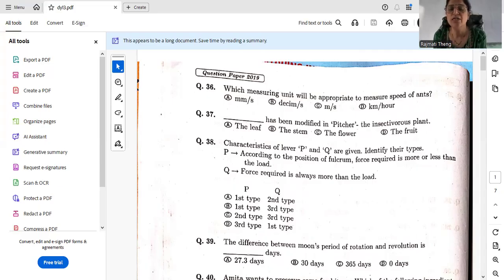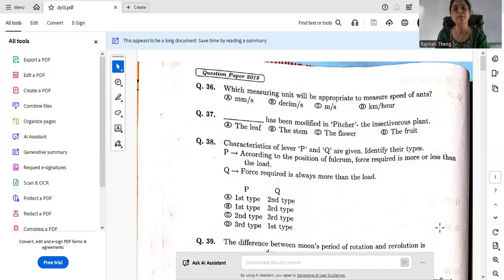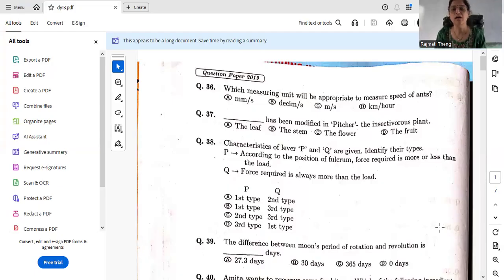So force is more than the load in the case of a third type lever. So question number 38, the correct option is B. P is a first type lever and Q is a third type lever.